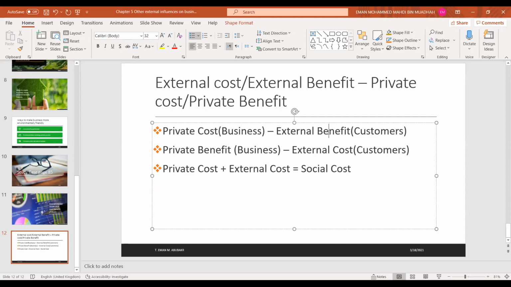And then when we take the private benefit and the external benefit, here we have it. So, and then we have the private benefit and we add it to the external benefit.